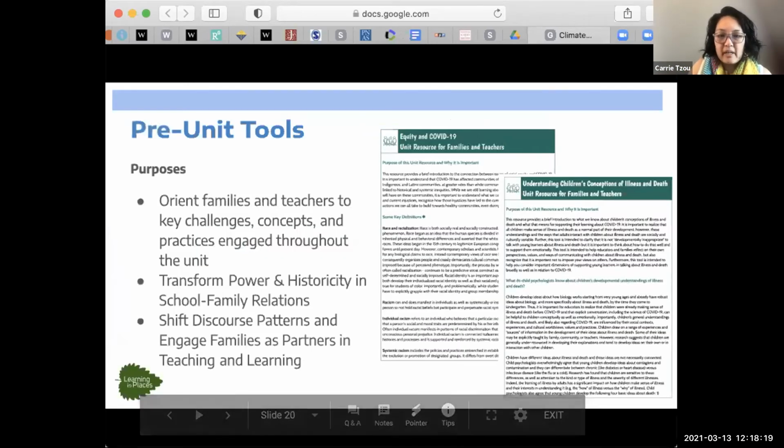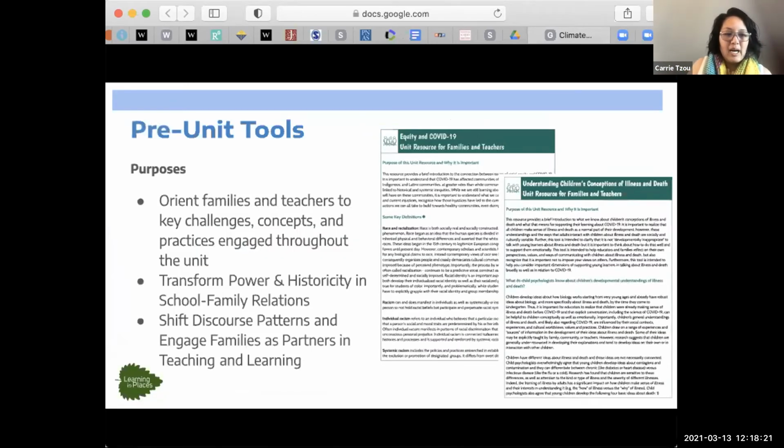In terms of family tools, we have three types. The first is a pre-unit tool where we're orienting families and teachers to key challenges and concepts engaged throughout the unit. For example, you see two here: equity and COVID-19, and understanding children's conceptions of illness and death.